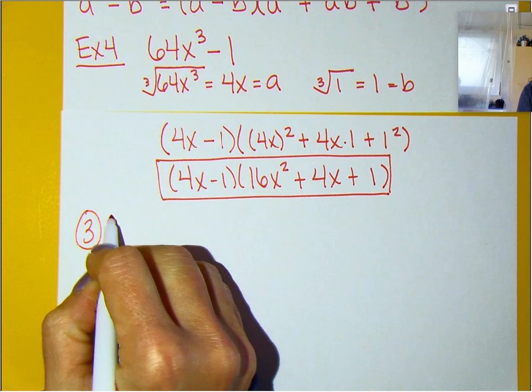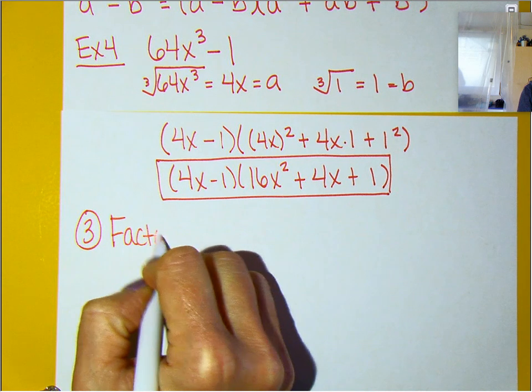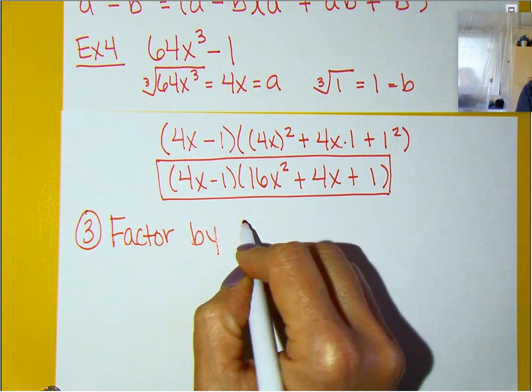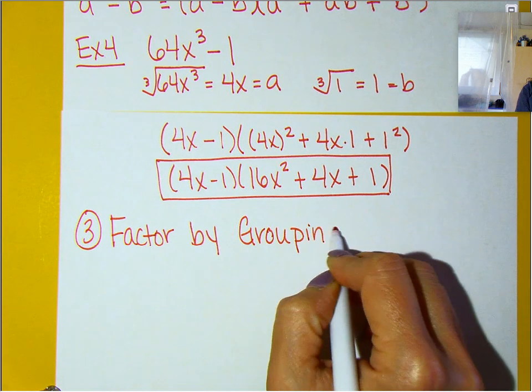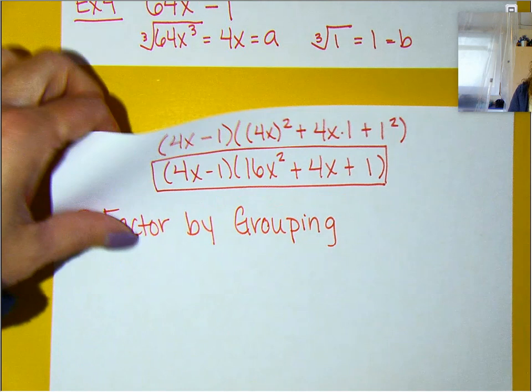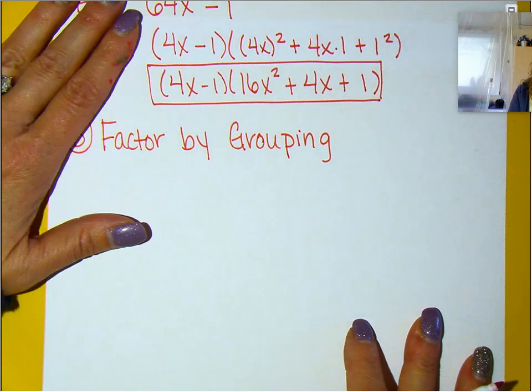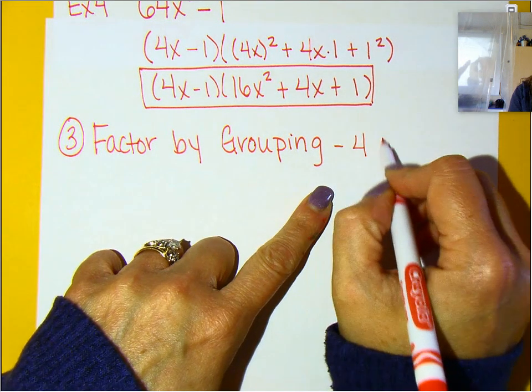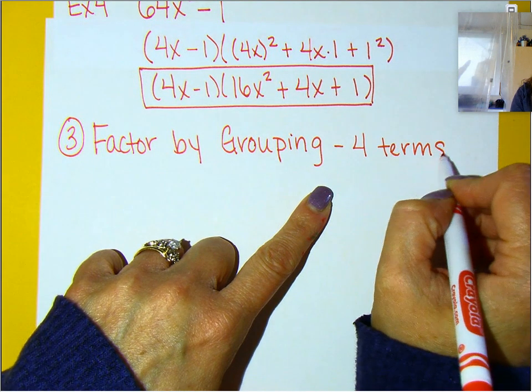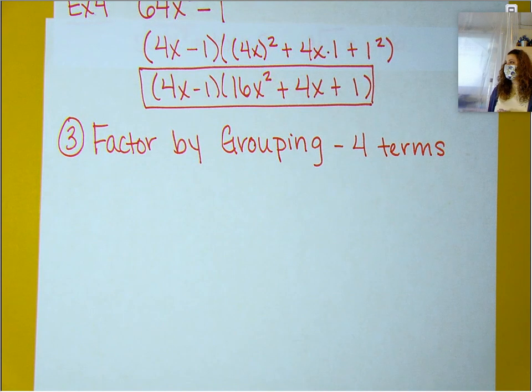The next one is factor by grouping, which we are kind of experts at this point. But we're going to do it with some polynomials. So we're talking about things specifically that are going to be 4 terms so that I can do my groups of 2.